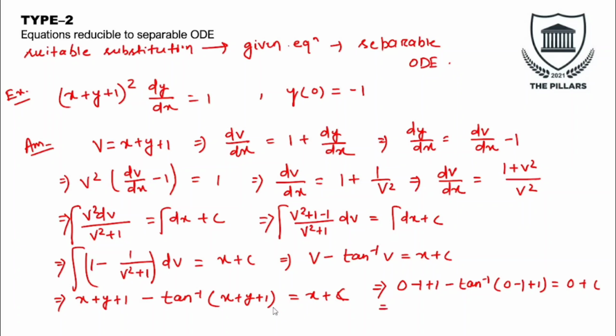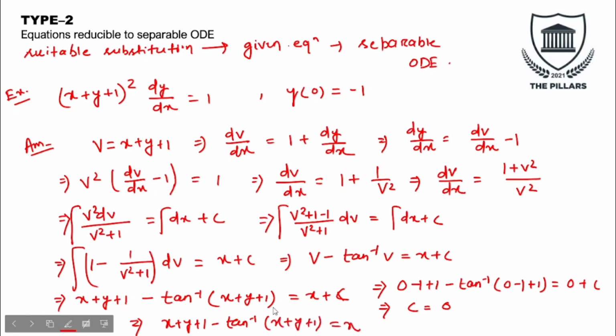You know the value of tan inverse 0 is 0. Then this equation becomes x + y + 1 - tan inverse (x + y + 1) is equal to x. Here you can cancel x, so this side will be 0 and it will be y + 1. I think this part is clear.